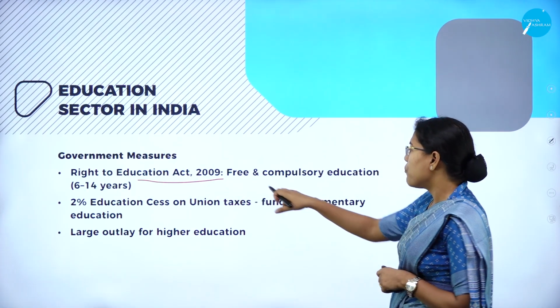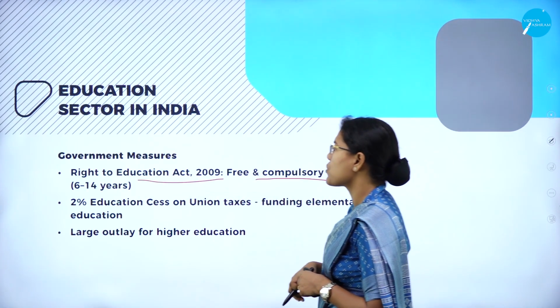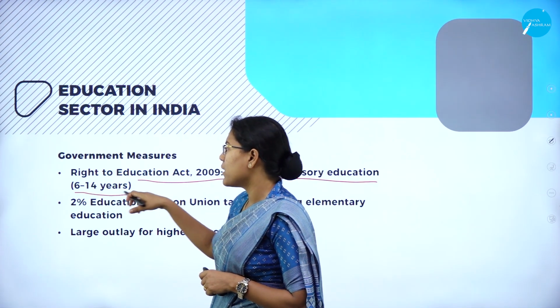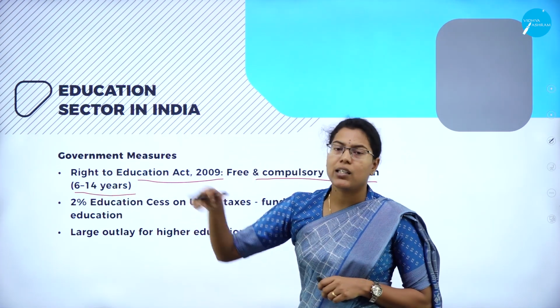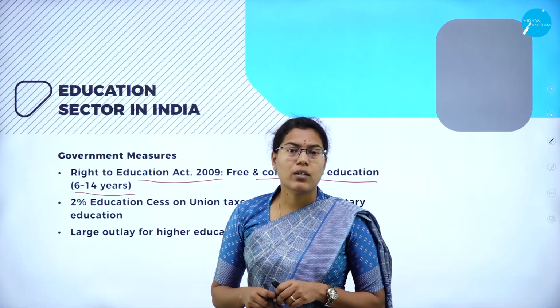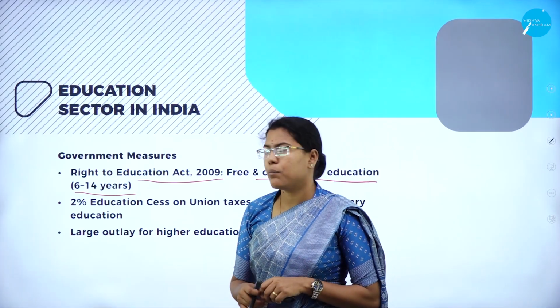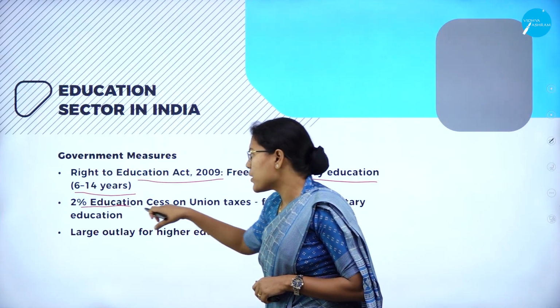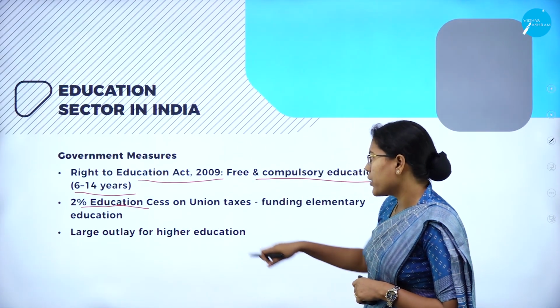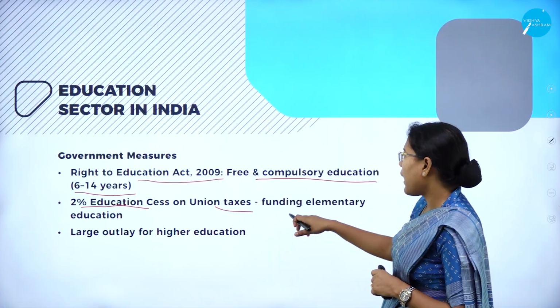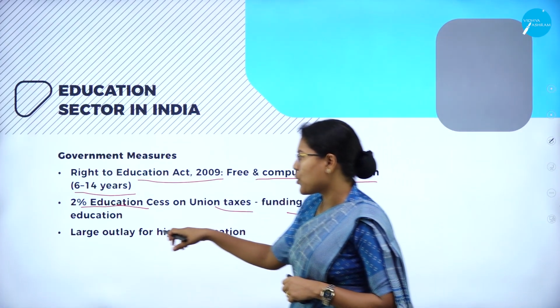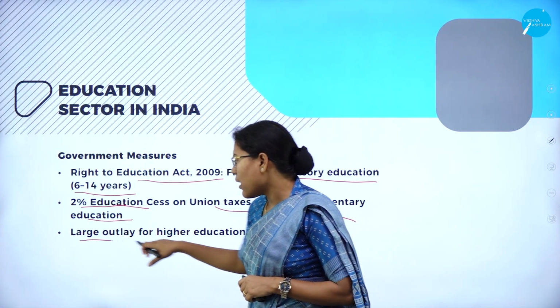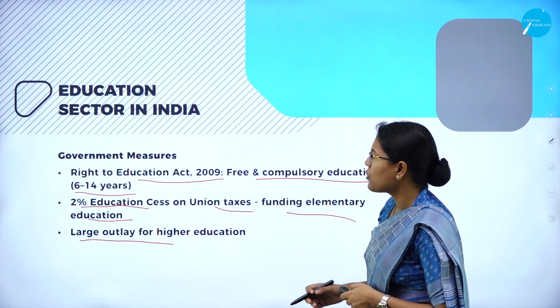It says that free and compulsory education should be given, especially to kids from 6 to 14 years. This also avoids child labor in the country, and there is a 2% education cess on union taxes to be paid for funding elementary education. And there is a large outlay for higher education also.